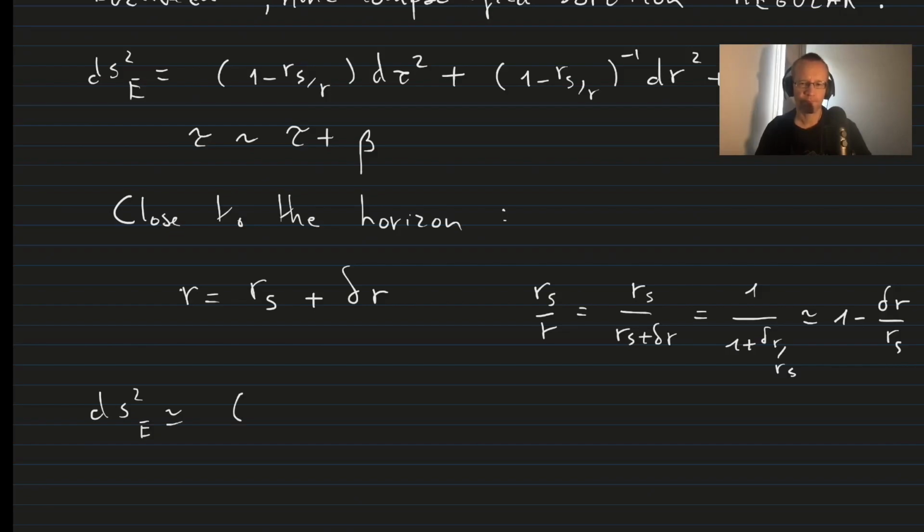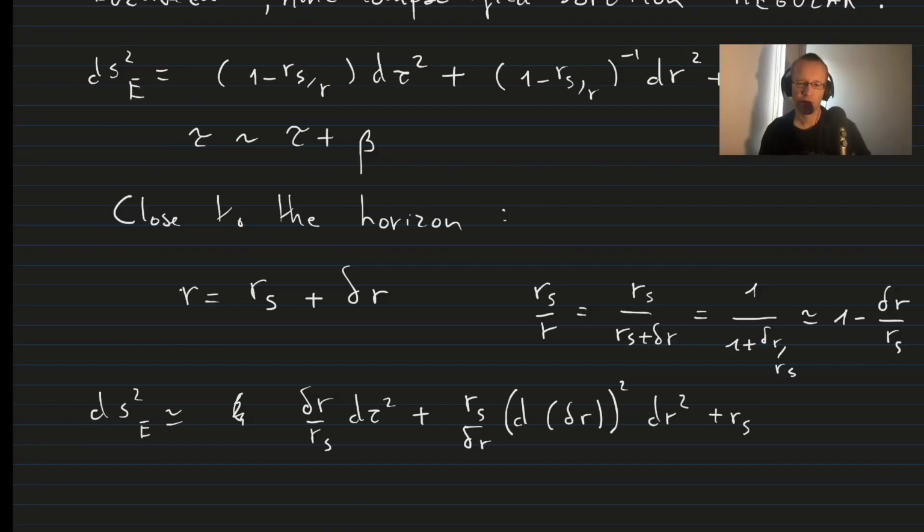we'll get that the first term is proportional to delta r over Rs times d tau squared, plus the inverse, so Rs over delta r times d of delta r, the whole thing squared, plus the Schwarzschild radius squared times the two-sphere metric.